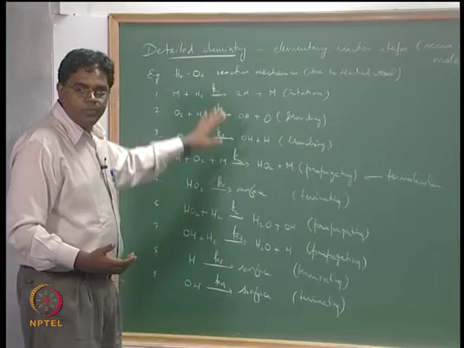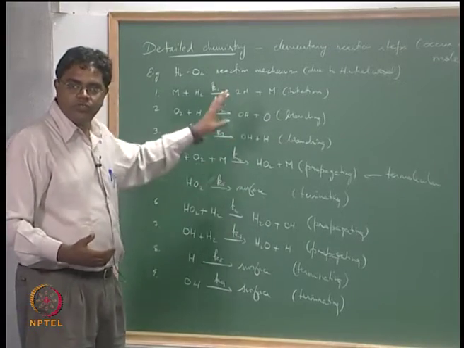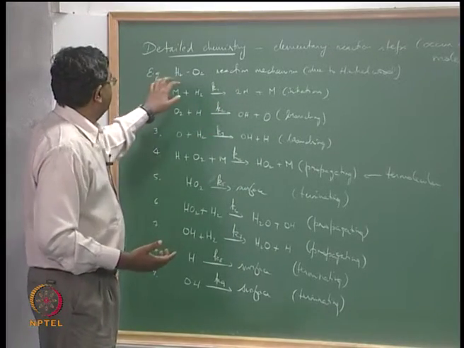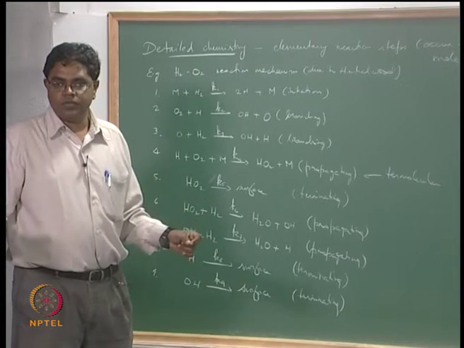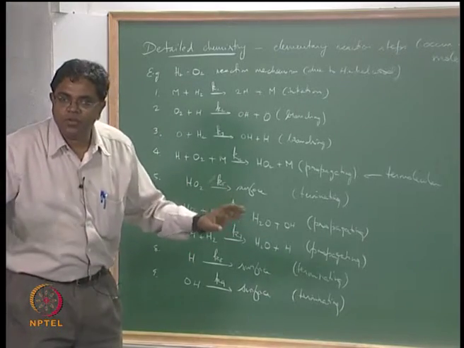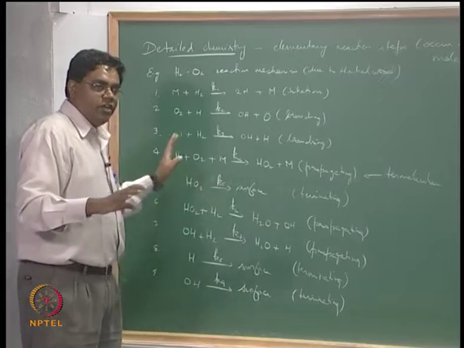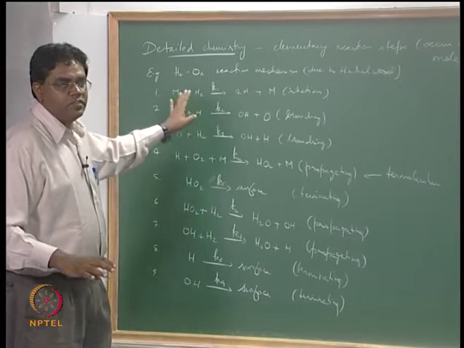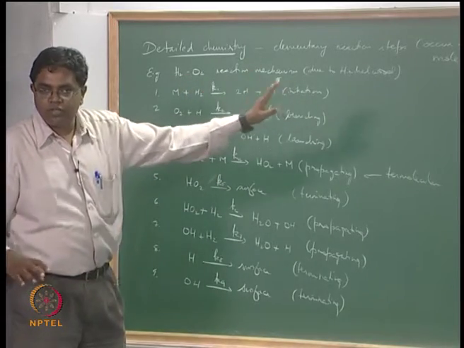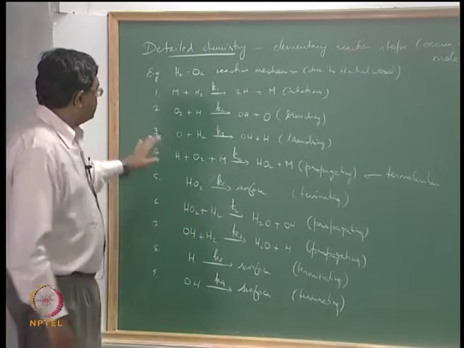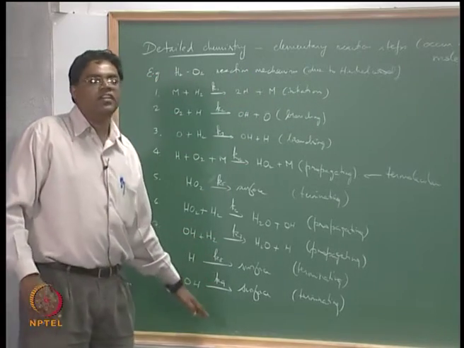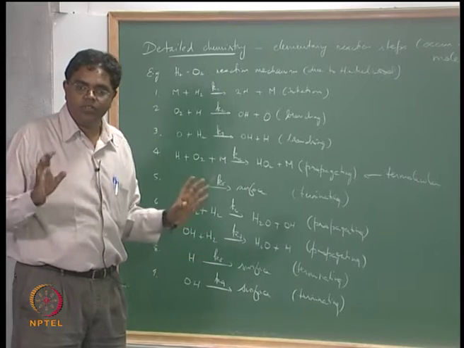This is one typical example of a reduced set of reactions happening with just hydrogen and oxygen to get you water. That is the ultimate goal. We are looking at a global reaction as H2 plus half O2 gives water or something like that, but in reality you are having at least 9 reactions that we need to consider for doing something sensible.